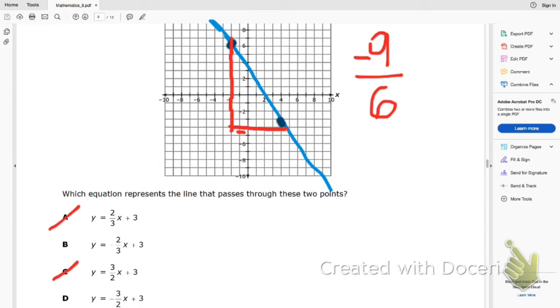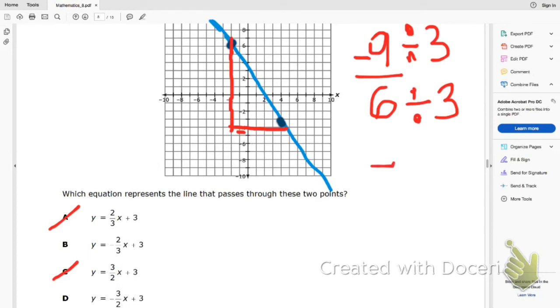Okay. Now, when we simplify, we're going to divide each number by 3. So 9 divided by 3, 6 divided by 3. If you feel like you need to use your calculator, always do it. You have it.